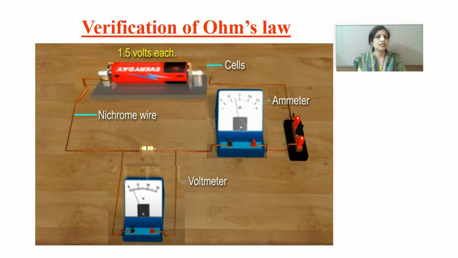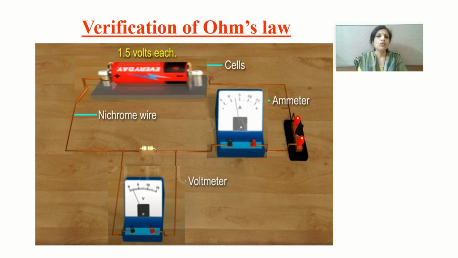Current has increased from 0 to a certain value and potential difference has increased from 0 to a certain value. I want all of you to have a look at the pointer whenever I tell you. So please observe this carefully.